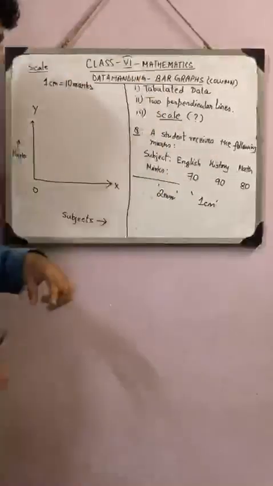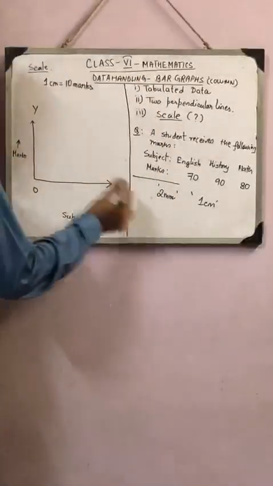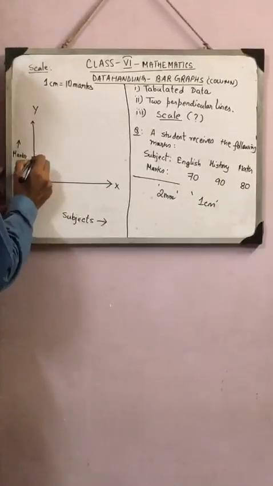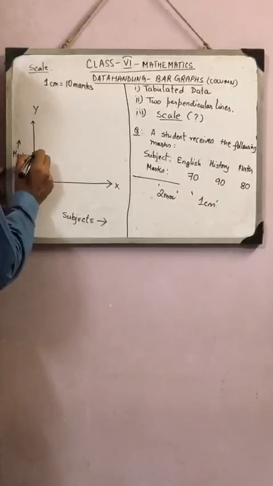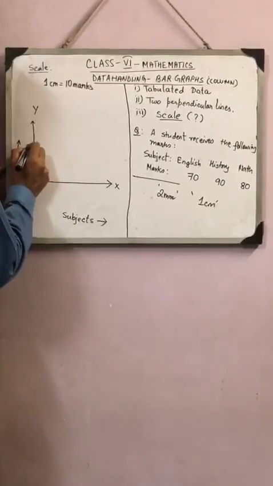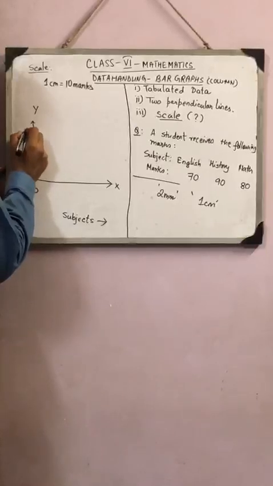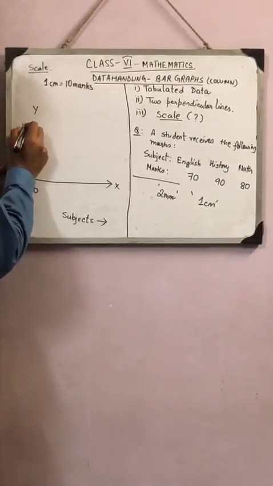So we have 10, 20, 30, 40, 50, 60, 70, 80, 90, 100.